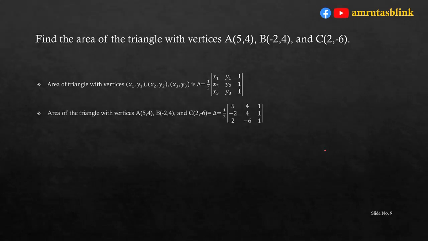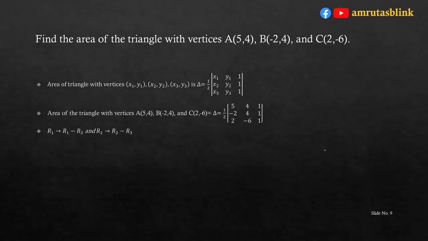So for the given triangle with vertices, let us say A is equal to (5, 4), B is given by (minus 2, 4) and C is given by (2, minus 6), then delta will be 1 by 2 into determinant |5 4 1; minus 2 4 1; 2 minus 6 1|.